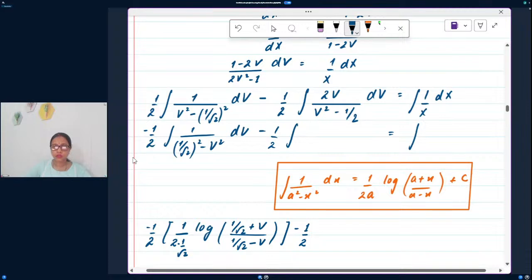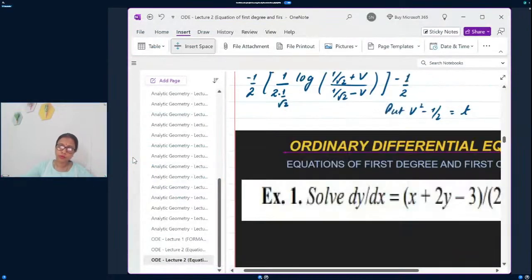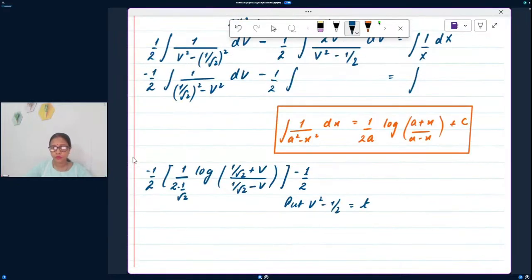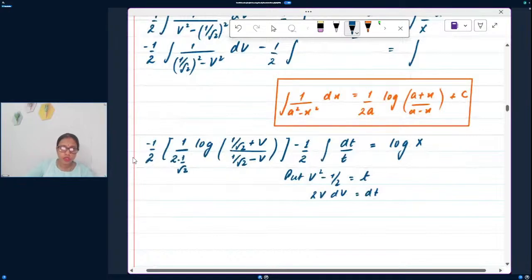So put v square minus 1 by 2 as t. So it implies 2v dv is equals to dt. So it becomes dt divided by t is equals to log x. Let's solve this.